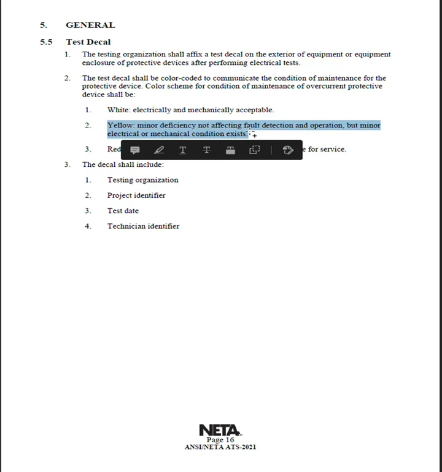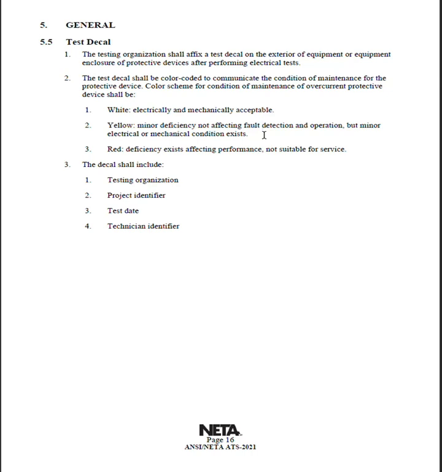We've got a loose bolt on here and I don't have the hardware, right? But that insulator's still in there and it's operating fine. It's just that it's missing a screw, right? But we're not messing with fault detection and operation. Okay, so if the trip coil's not working right, yeah, that's a red. I don't care. Okay, it won't trip.